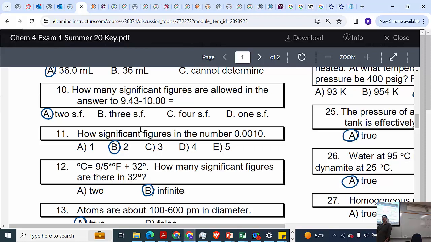How many sig figs are there in 9/5, the fraction here? Infinite. Also, where did the 9/5 come from? The 9 came from 180.